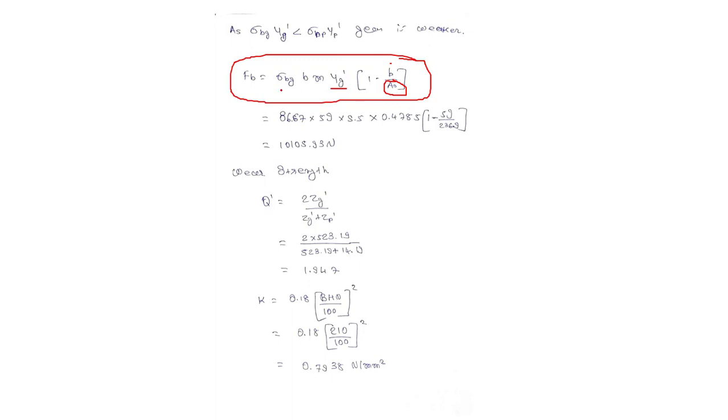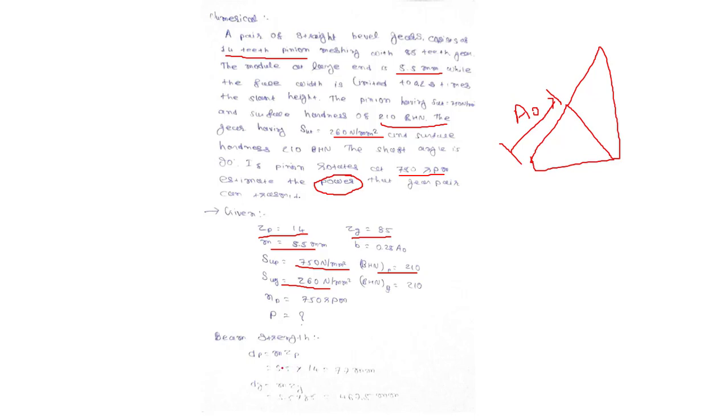Also we don't have sigma BG, so we will find it from the given values. For that, start with finding the pitch circle diameter for pinion.